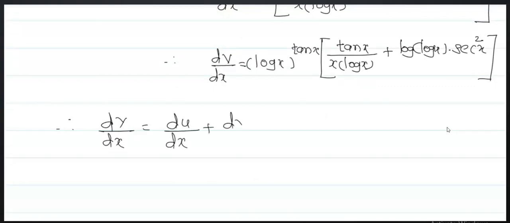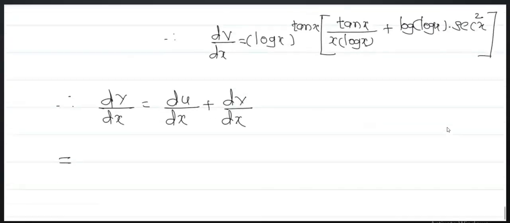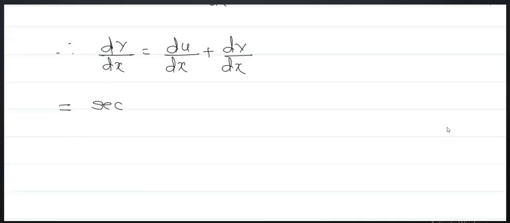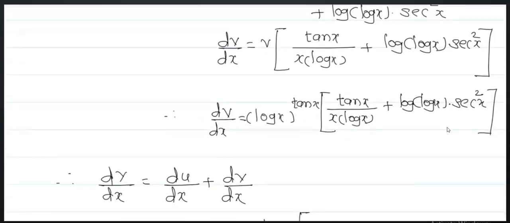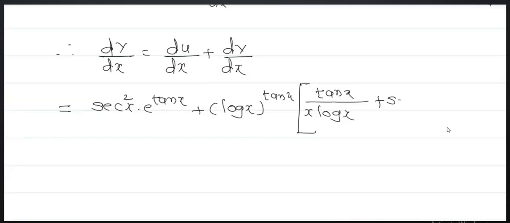Therefore, dy by dx is equals to du by dx plus dv by dx, which is sec square into e raised to tan x plus log of x raised to tan x in bracket tan of x upon x log x plus sec square x into log of log x.